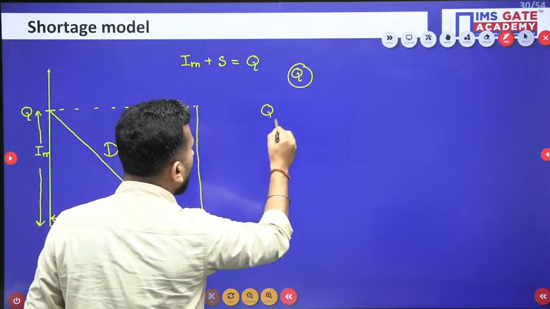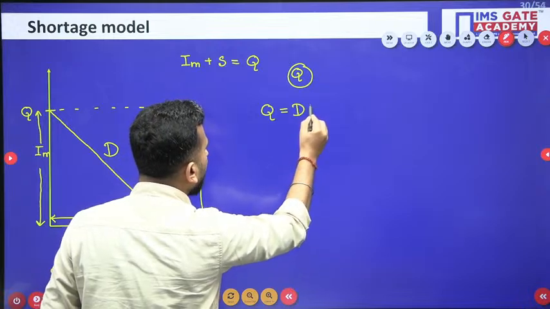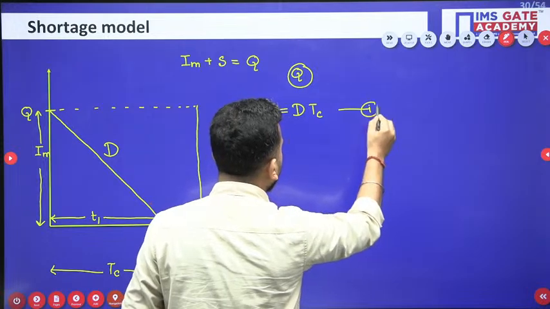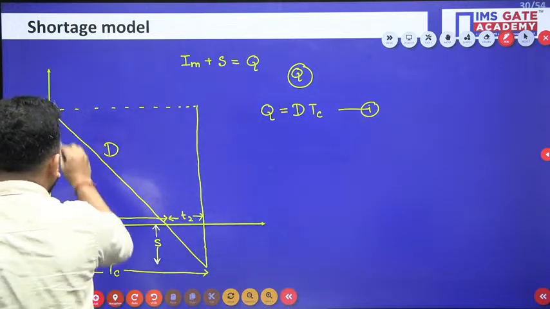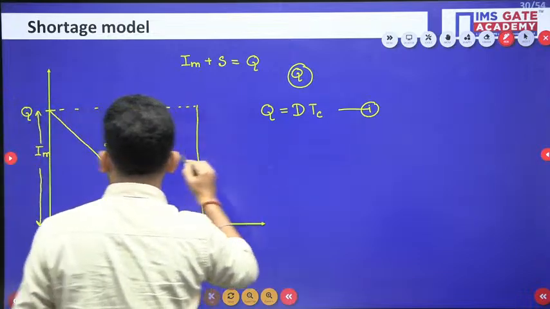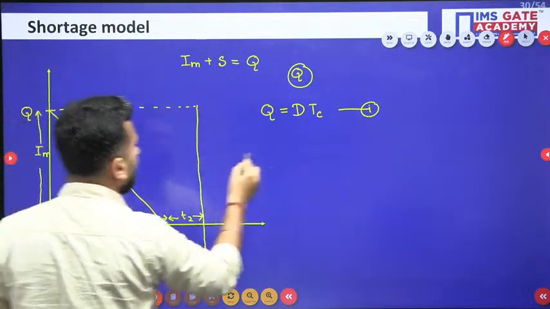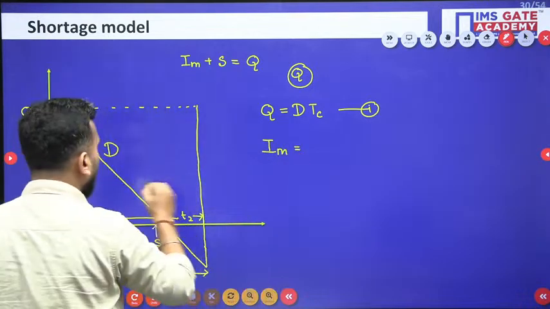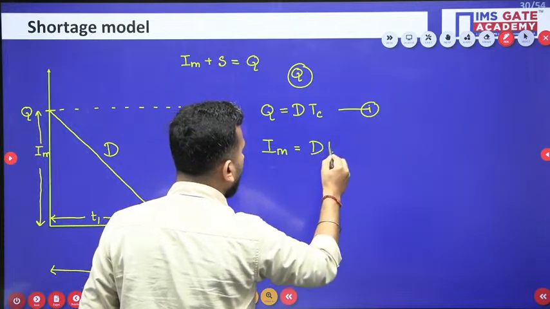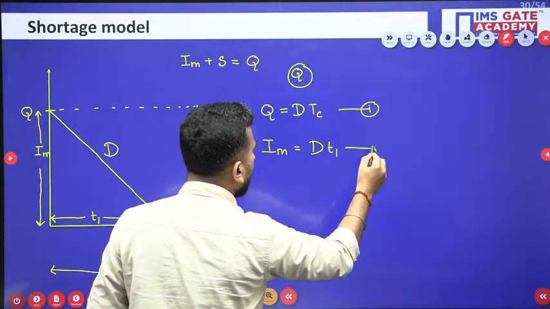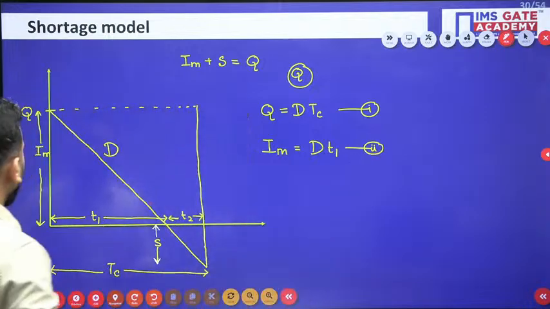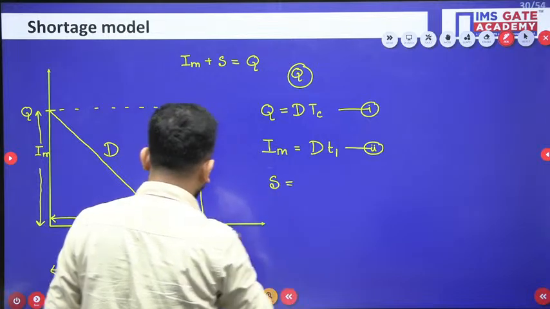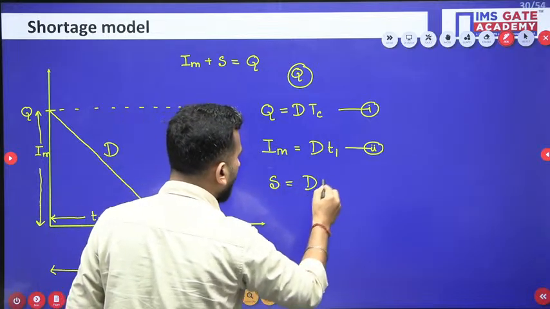So Q is equal to capital D into TC, and this can be my equation 1. Then see this triangle where inventory is there. What is its height? IM is equal to capital D into T1. And this small triangle, S is equal to D into T2.